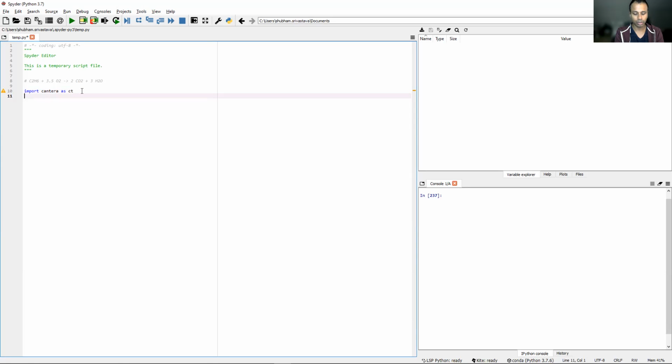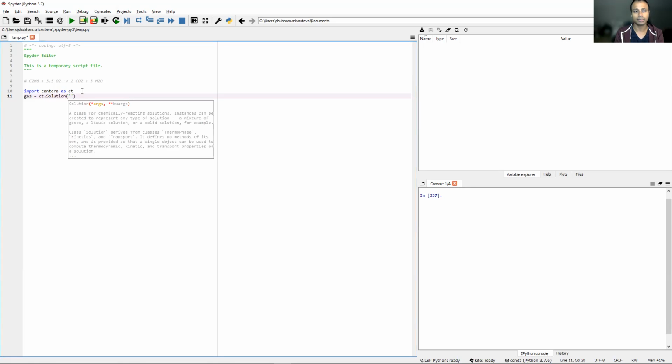And then I will initiate an object of the Solution class. So gas equals ct.Solution. Let's enter the GRI mechanism, because GRI has all of these species. It has C2H6, oxygen, CO2, H2O, all of that is there in the GRI mechanism. So we'll just say gri30.yaml.